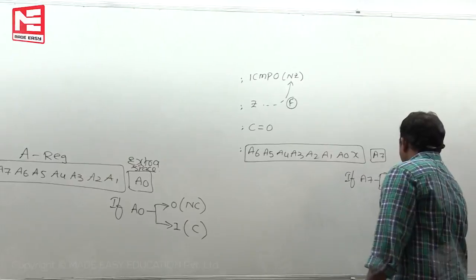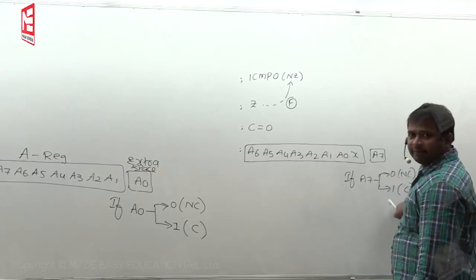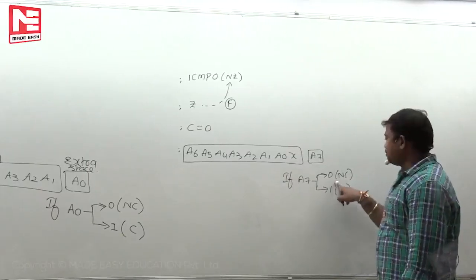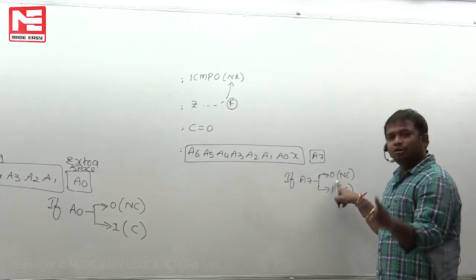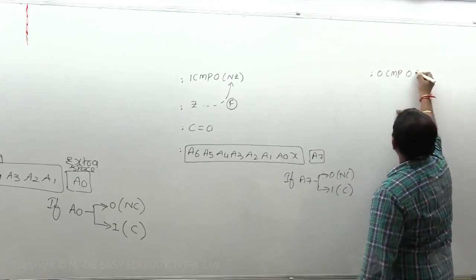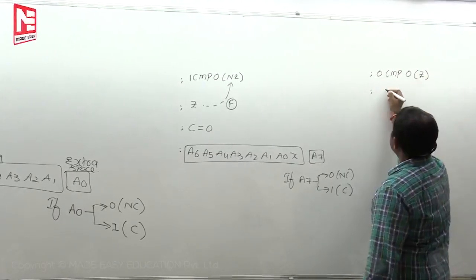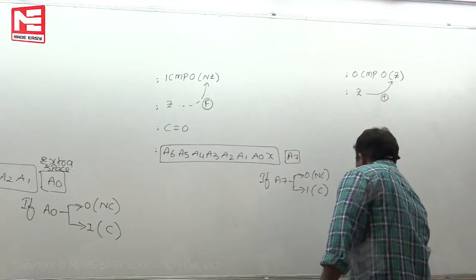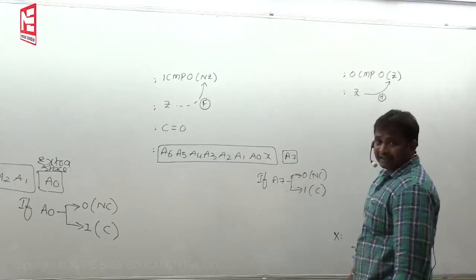If the A7 bit is 1, carry. When carry, increment the B register. Go to the next iteration. If no carry, nothing will happen. Go to the next iteration. In the next iteration, 0 compared with 0. Now the zero flag is set. Condition zero. When we compare this, true. When true, go to X location.